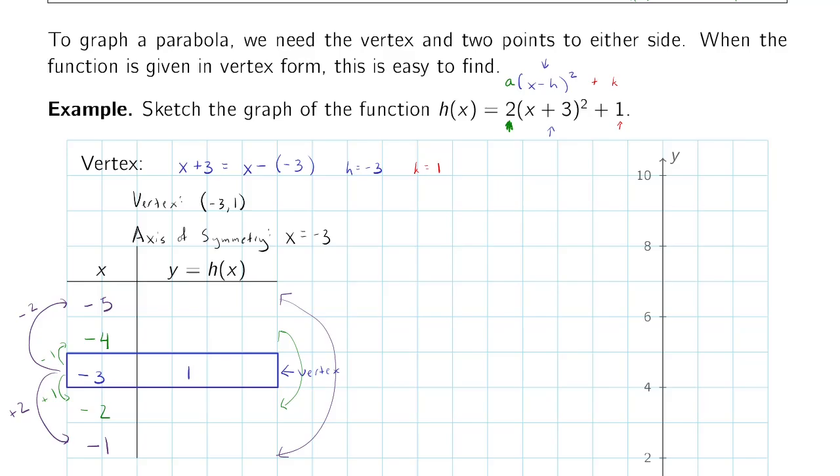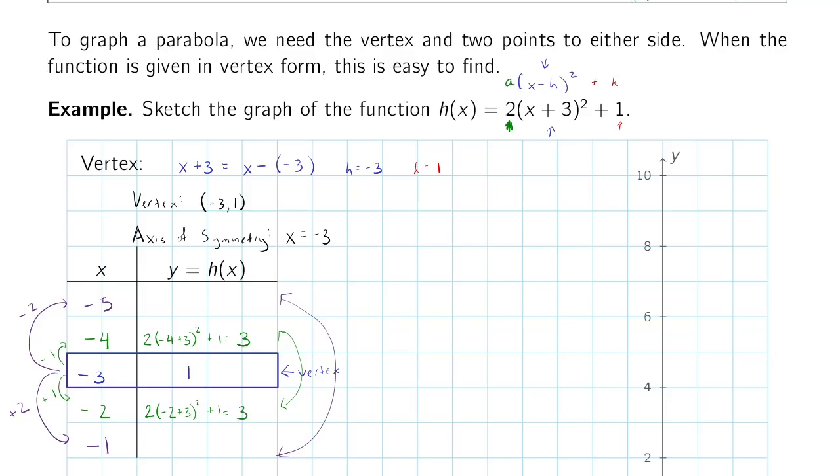So h of x, to take h of negative 4, we'll say 2 times (negative 4 plus 3) squared plus 1. That's going to be positive 3. H of negative 2 will take 2 times (negative 2 plus 3) squared plus 1.